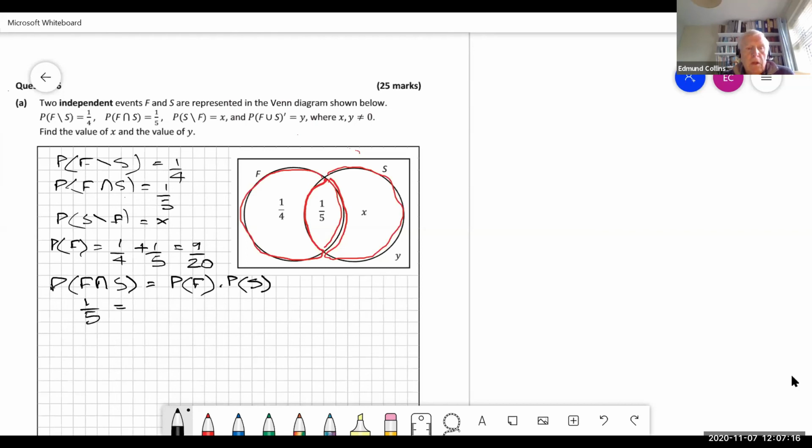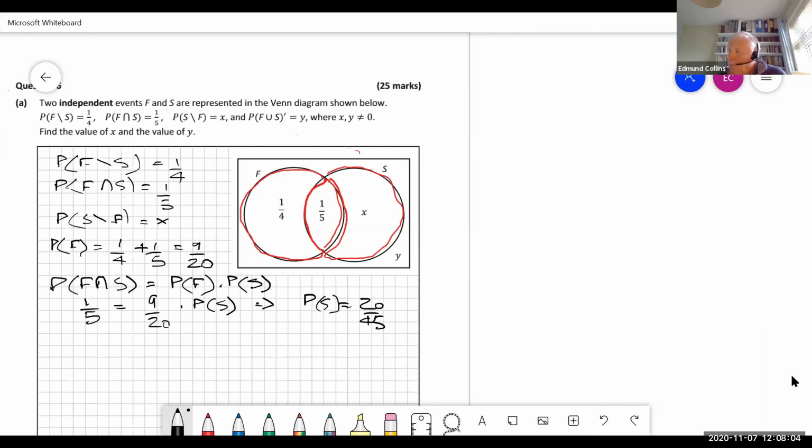The probability of F and S is 1/5, and we've calculated out that the probability of F is 9/20, multiplied by the probability of S. That implies the probability of S equals 20 over 45. Just doing a bit of algebra. Okay.